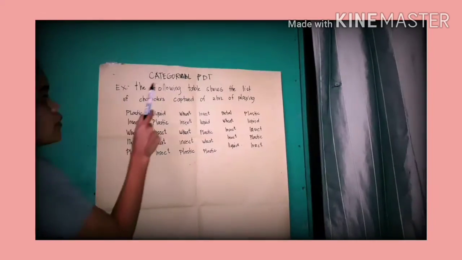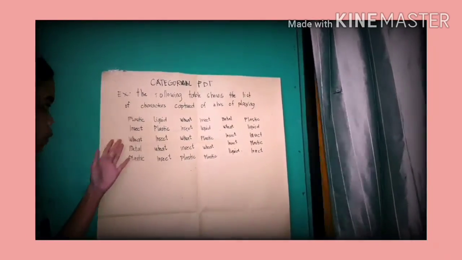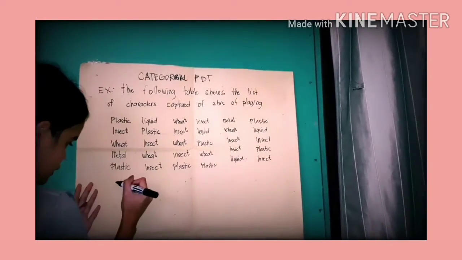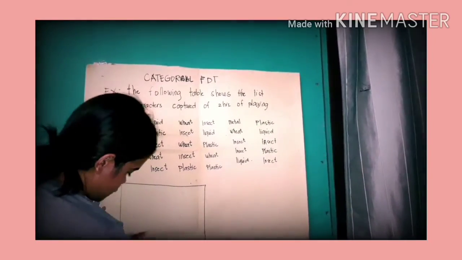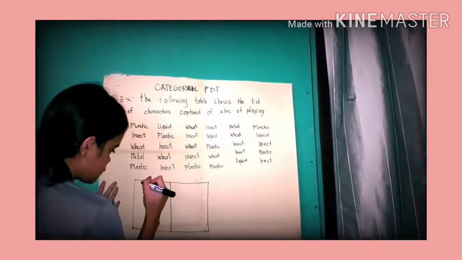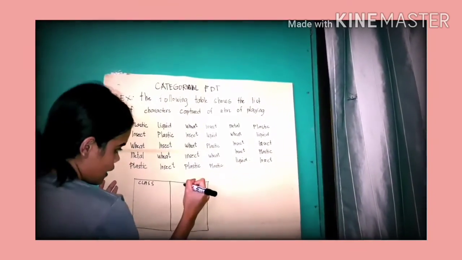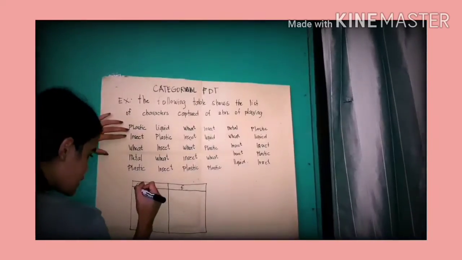So the following table shows the list of characters captured in 2 hours of playing. So these are plastic, insect, wet, metal, plastic. So we are going to categorize it into a table. So this is the class and frequency. So first is plastic.